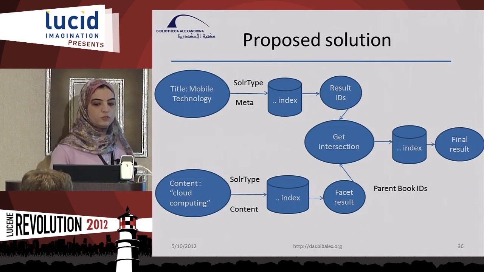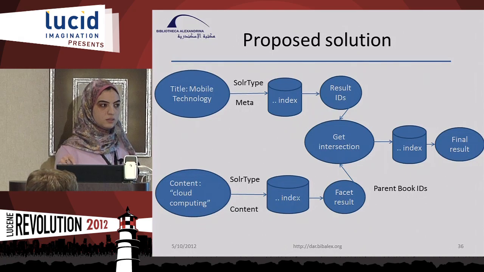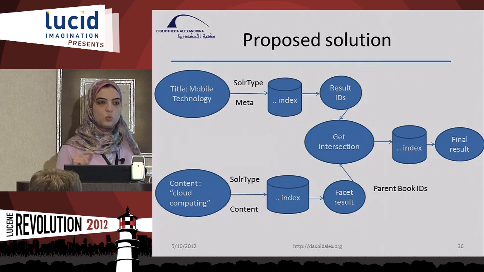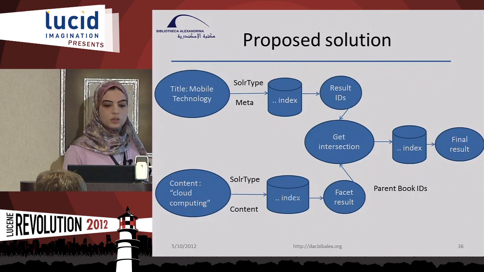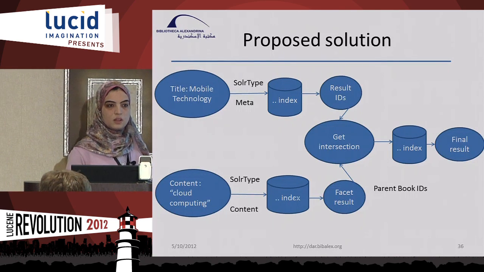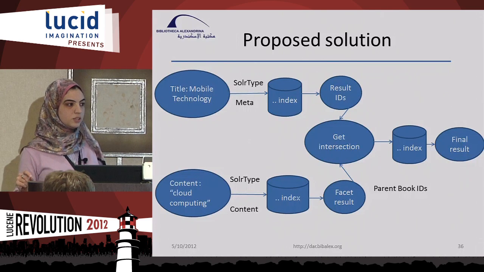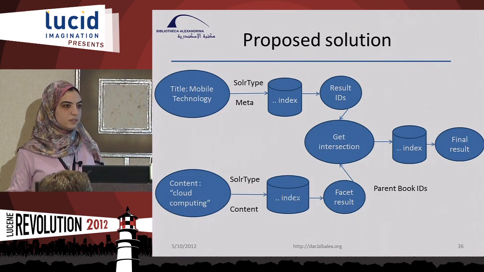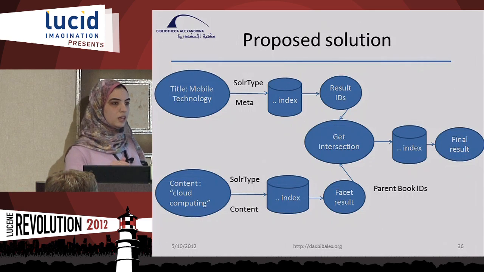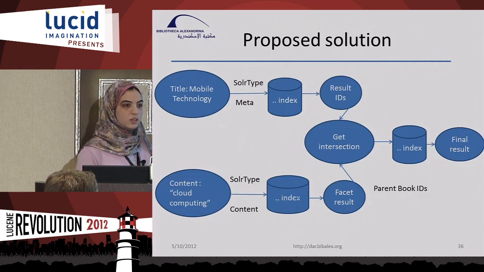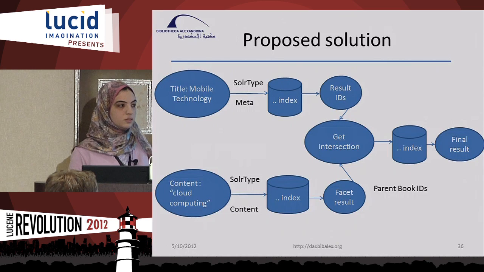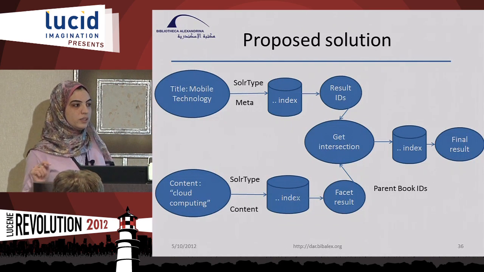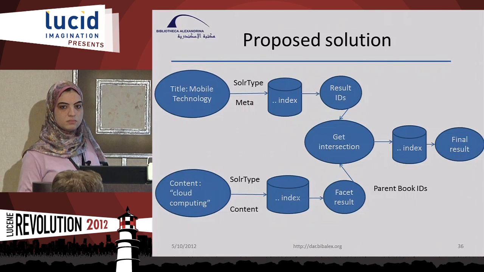So I'll have to search the 5 indices. Then I will get result IDs from searching the metadata, and I will keep them for a second. Then I'll have to search within the content with Solr type equal to content, and instead of getting the result IDs, I will get the facet results.